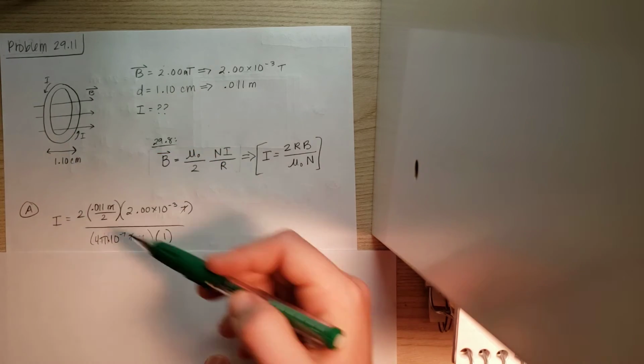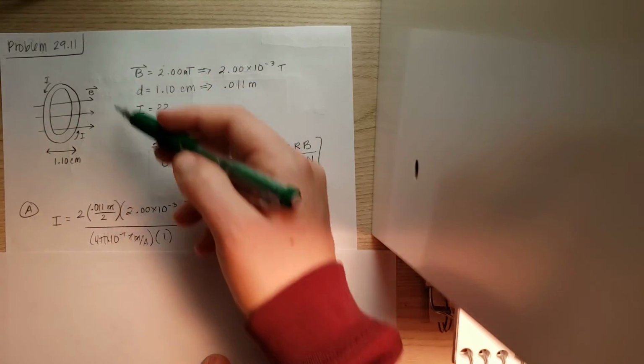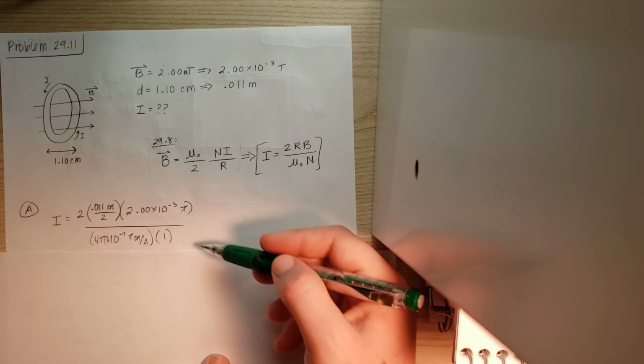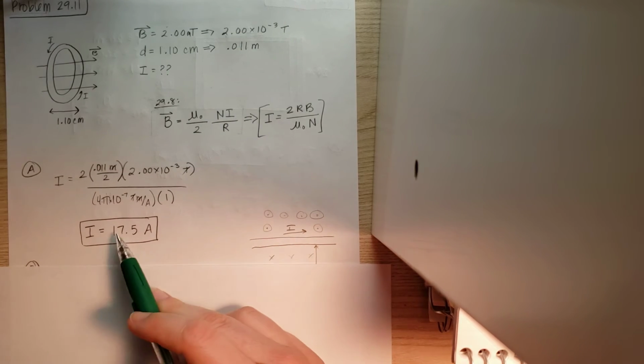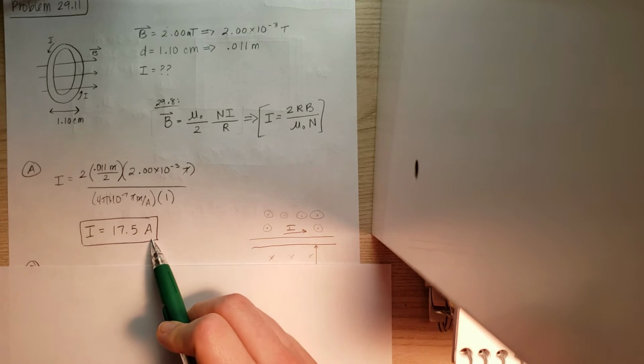We just have one loop. If it was a bunch of loops stacked up on each other, then we could have a larger number, but obviously this is just one. So doing the math there, we get our current inside the loop equal to 17.5 amps.